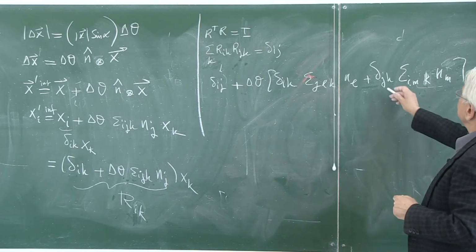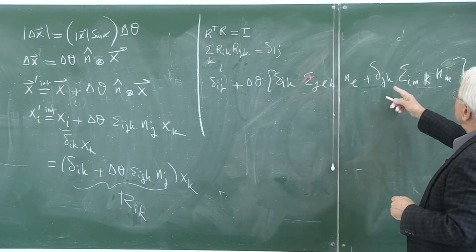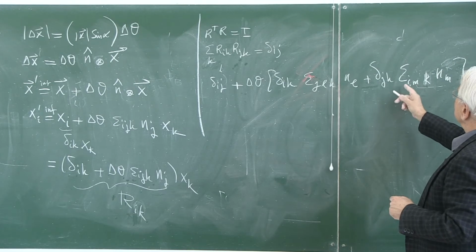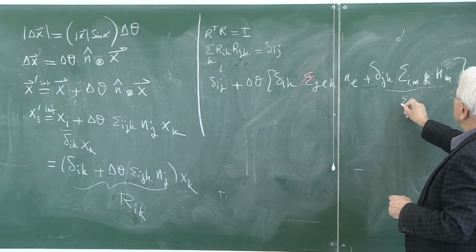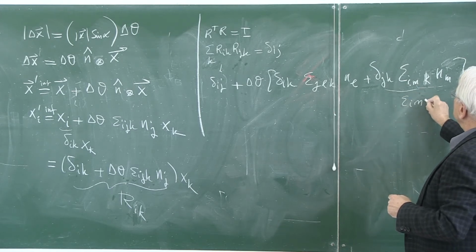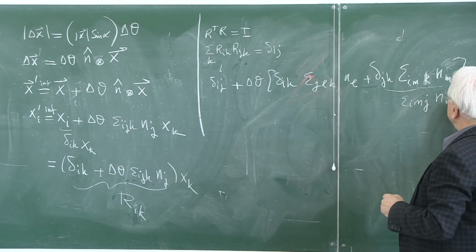Notice that if you carry out the summation, which summation is it? K summation, this becomes epsilon imj times nm.